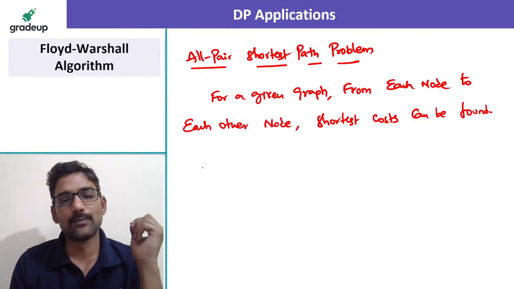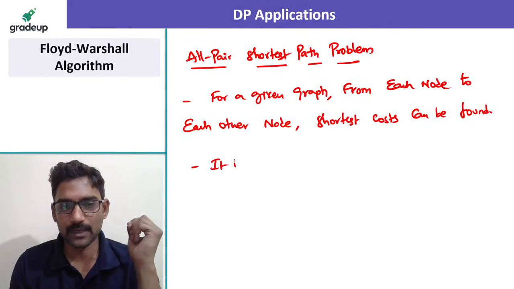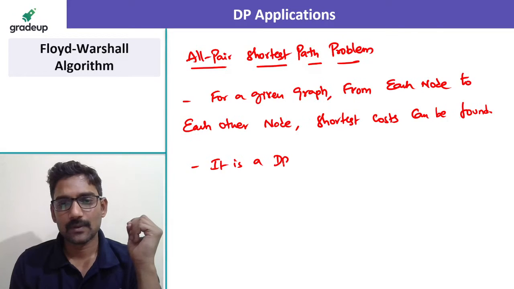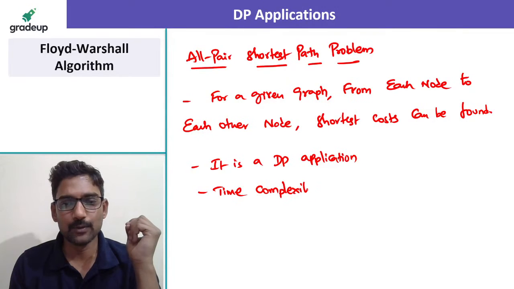Here it is a dynamic programming application. Of course, that is what we are discussing. And the time complexity for this also is big O of n cube.